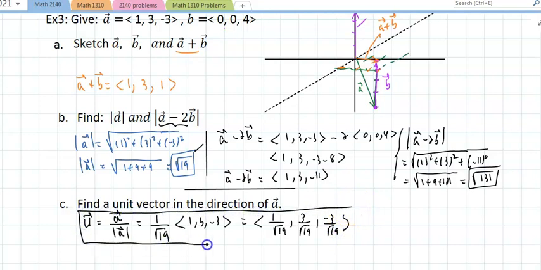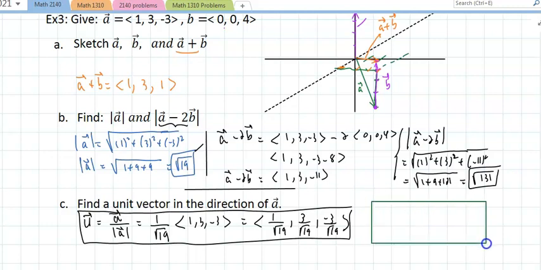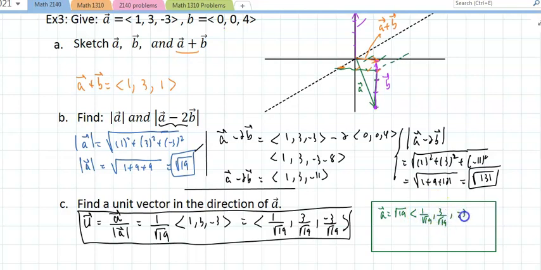Something I should mention. If I take, this is a side note, something that we're going to be asked for on the long run. If I take vector A and write A as radical 19 times 1 over radical 19, 3 over radical 19, and negative 3 over radical 19.